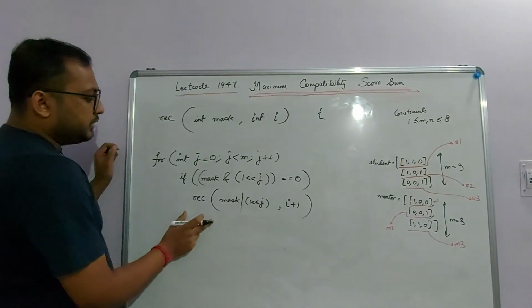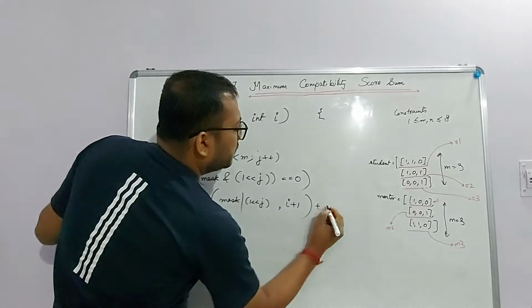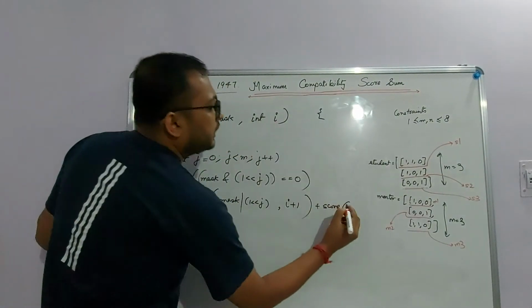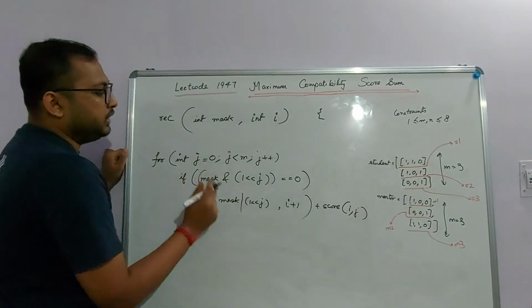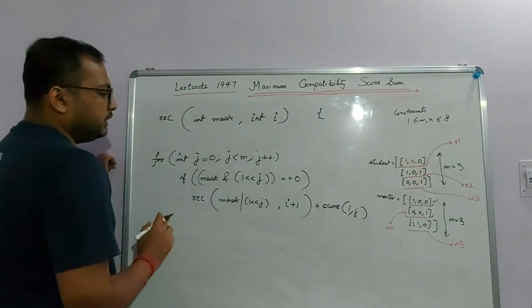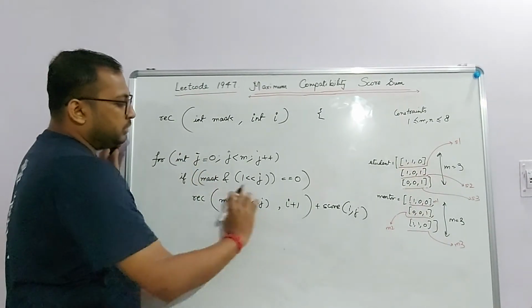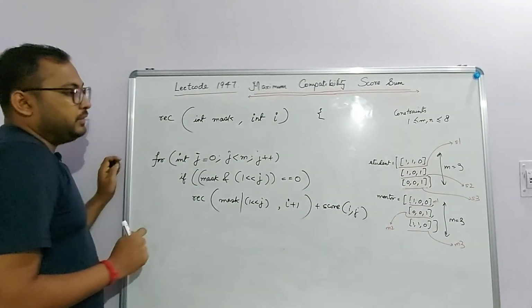So that's the recursive call that I made, and I add the score of matching the ith student and the jth mentor. So I take the maximum of these, of all the possible values of j here, and finally return the answer.